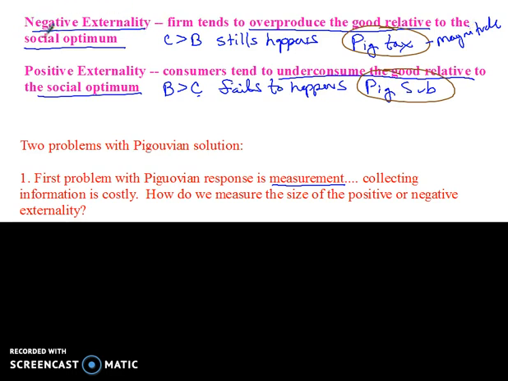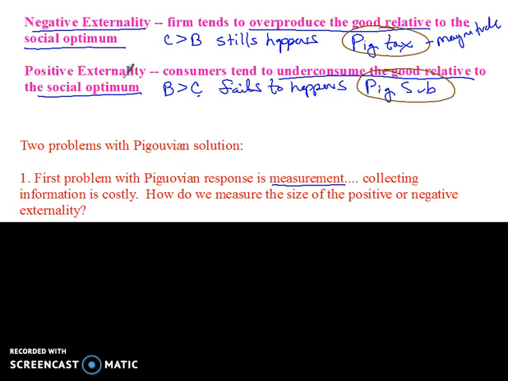So the pollution that exists from producing some good, how big was that negative externality? Can we put a dollar sign on that and then use that to match up with the Pigouvian tax? Well, these are numbers that are very difficult to know. Sometimes it might just be that you can't know the numbers. They're not things that we currently can measure with current technology.